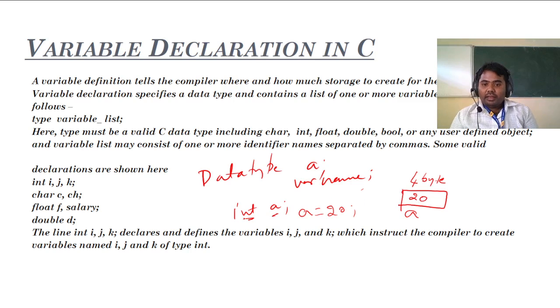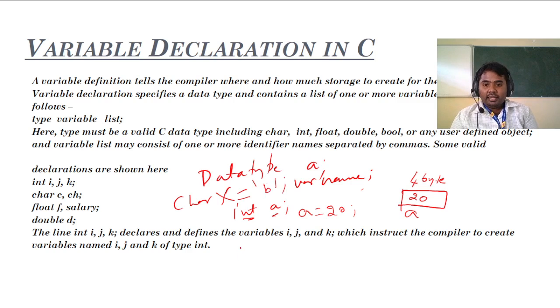Hope you understood. Like this, all variables will create a memory block. The size depends on the specific data type, and the kind of value also depends on the specific data type. I'll give one more example. I'll take a character data type: char x is equal to, within single quotes, B, semicolon.